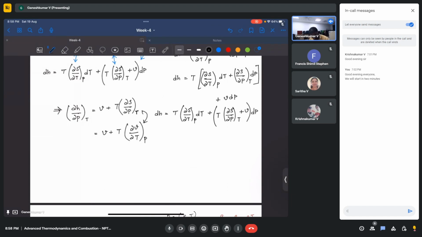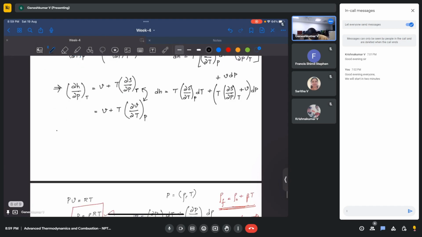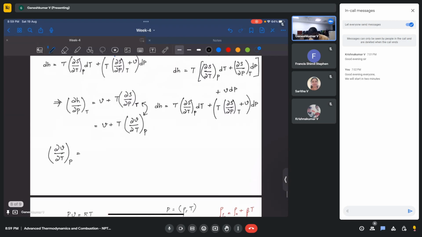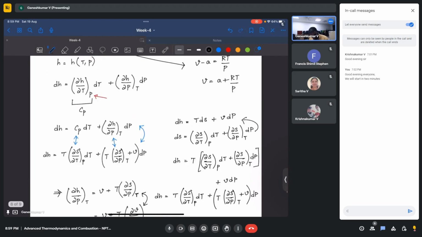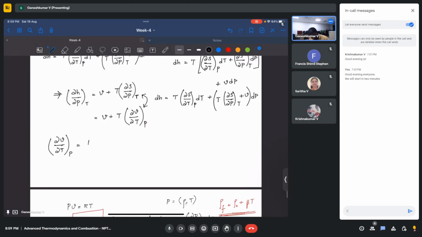So we were able to convert this. Now since it is in terms of V, T and P, we know the equation of state. So let's find ∂V/∂T at constant pressure. Rewriting this, V is nothing but A plus RT by P. Now, this is for a constant pressure process, and if we do that, it's going to be R by P. Let's substitute it back.